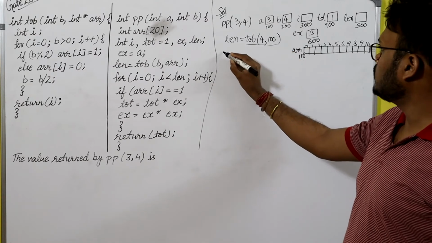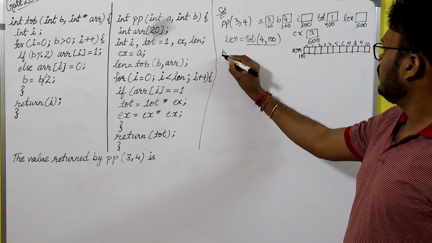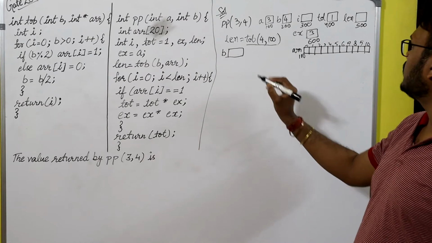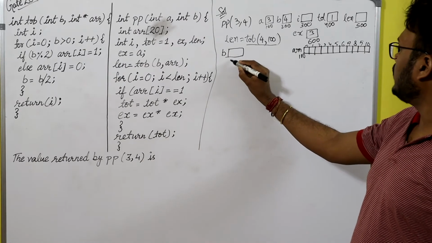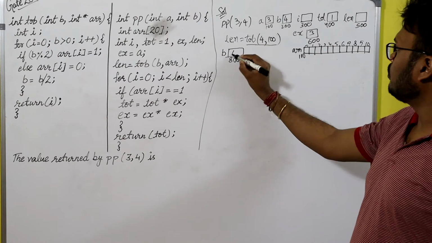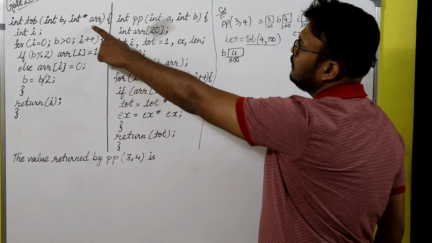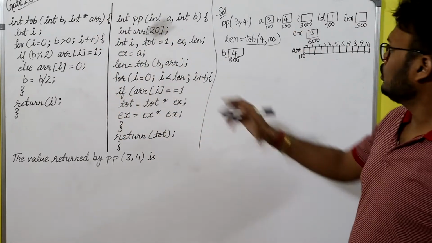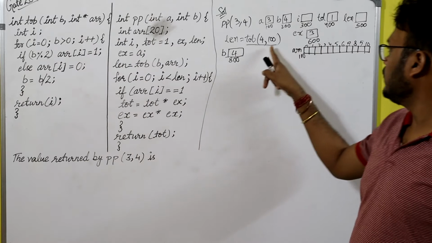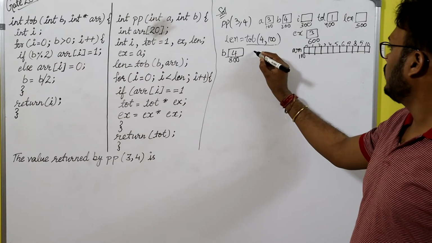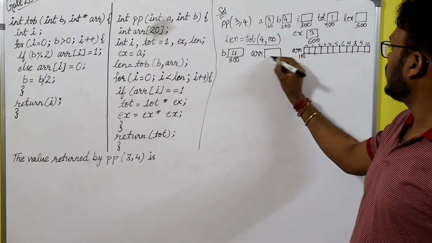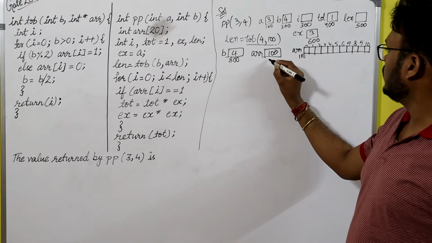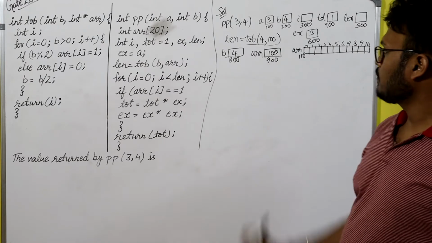Here a variable is local to this TOB function, and let's give it the address 800, and its value is 4. There is also a pointer variable ARR which holds the address, so ARR will hold the address 100, and its address is say 900.